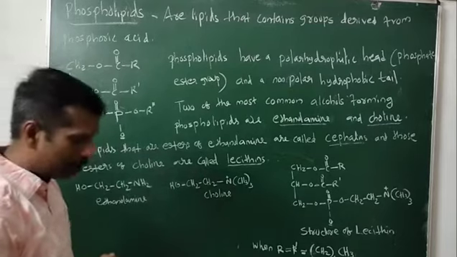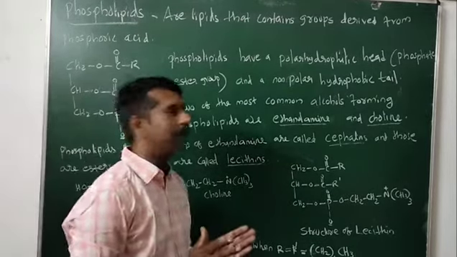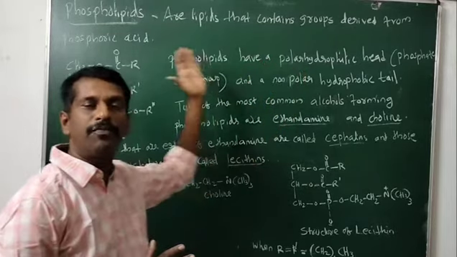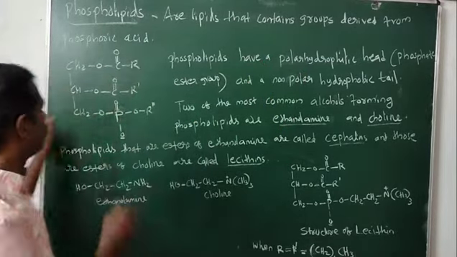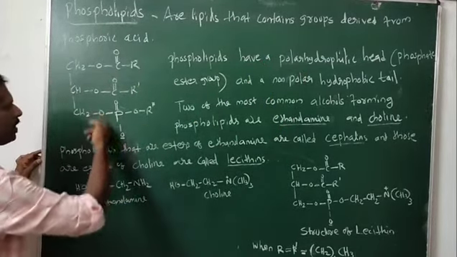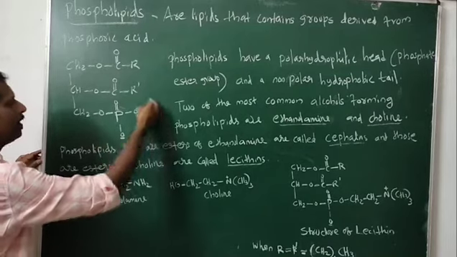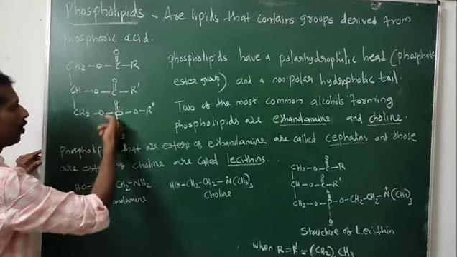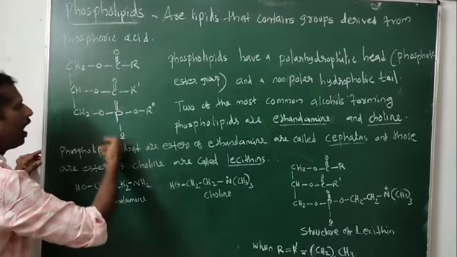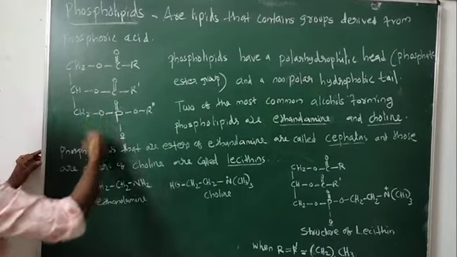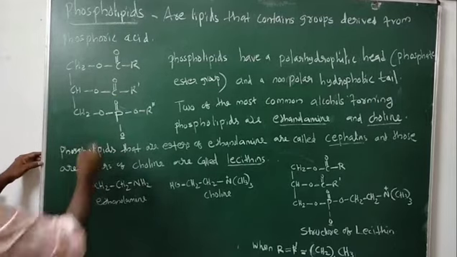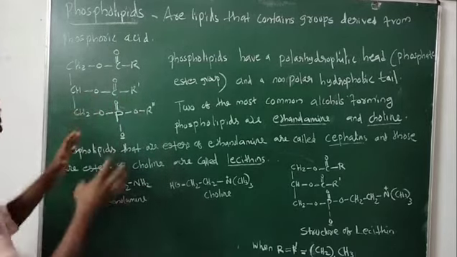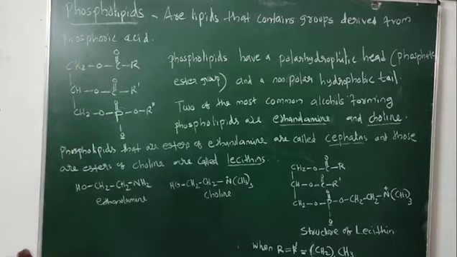Phospholipids are lipids that contain groups derived from phosphoric acid. This phosphate ester group is derived from phosphoric acid and an alcohol, and this type of lipid is known as a phospholipid.